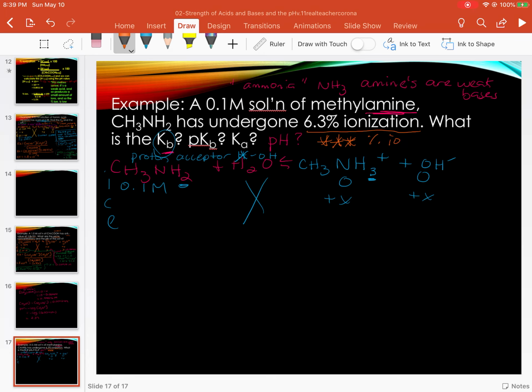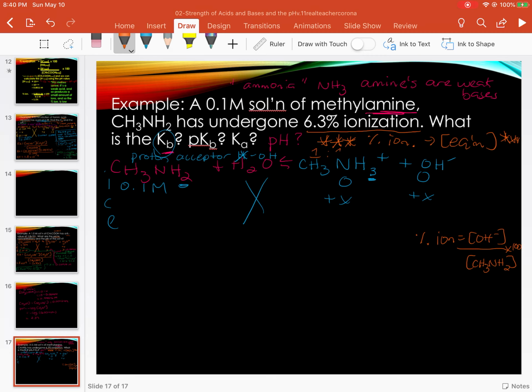So similar to pH, percent ionization tells us what the concentration is at equilibrium. And that makes sense. What's the concentration of ions that are formed? So I'm going to keep with this orange color here. So percent ionization is, pick one of the ions, it doesn't matter, over the base.